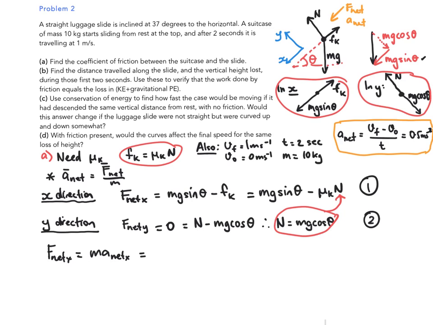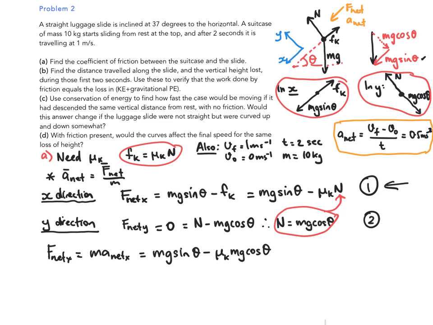Looking at equation 1, that equals mg sine theta minus mu k, and instead of n we just put in mg cos theta.